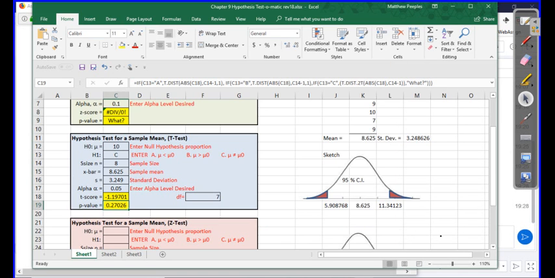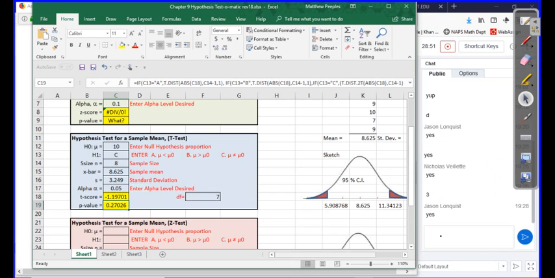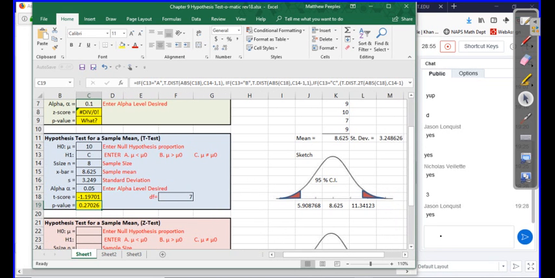If the p-value is less than our alpha, we have enough evidence to reject. Our alpha is 0.05, our p-value is 0.27. Do we have enough evidence to reject that null hypothesis? Well, in this case, the answer is no, we don't.